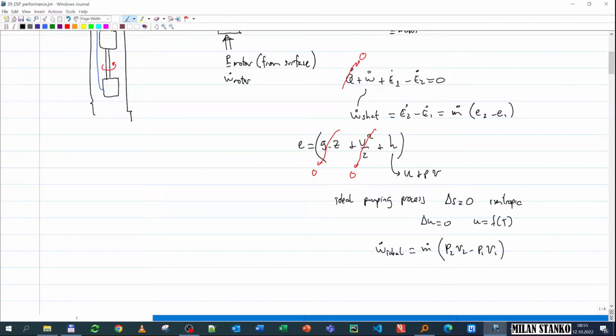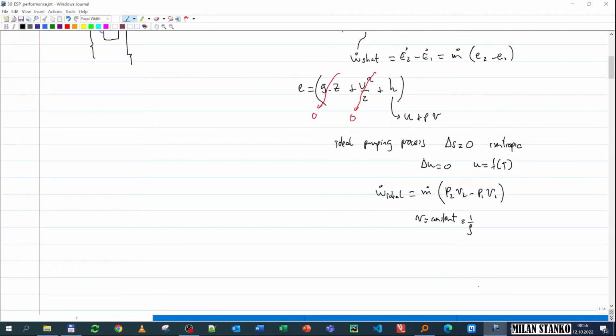You can also further assume that the V is relatively constant, the density. This is the inverse of the density. Yeah, and then you end up with the following expression. That will be Q, M divided by density is Q, P2 minus P1.